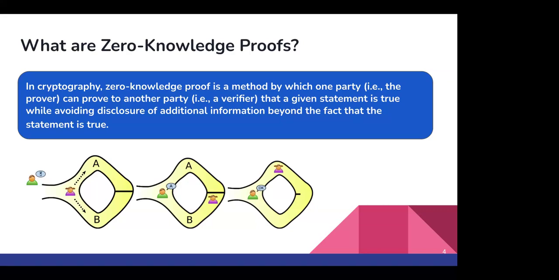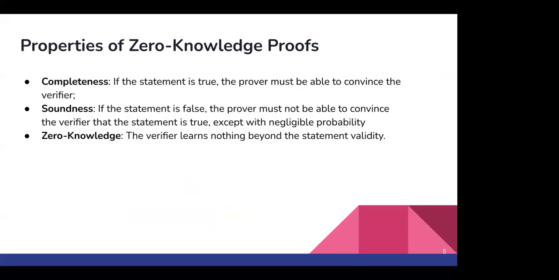From the industry perspective, the classical cave example still serves as the best explanation to show developers and communities what this concept really means through this interaction. We all know zero knowledge proof has three very important properties. The first one is completeness: if a statement is true, the prover must be able to convince the verifier that the statement is true.